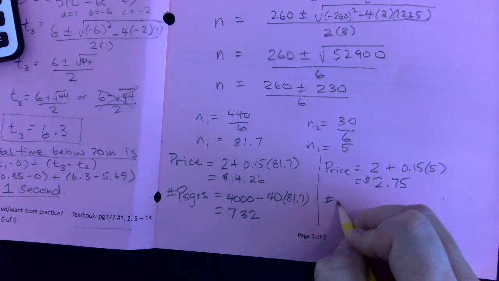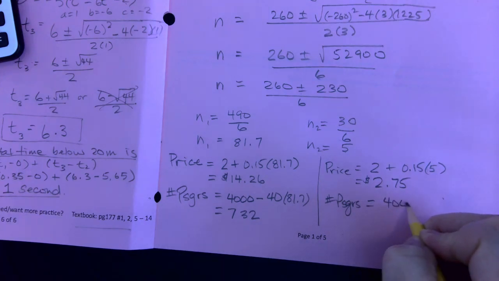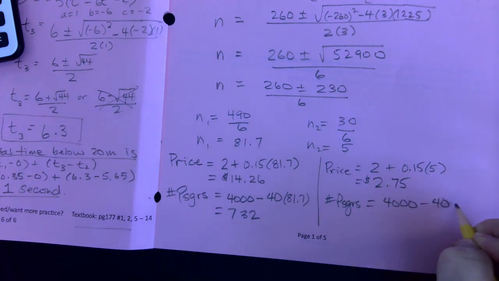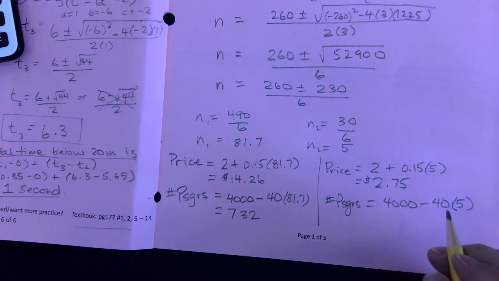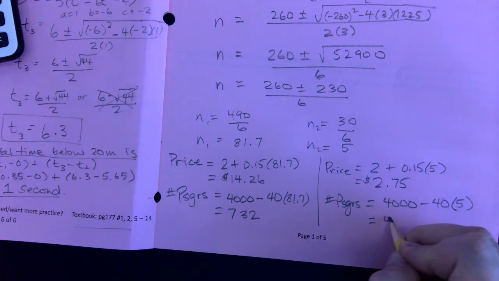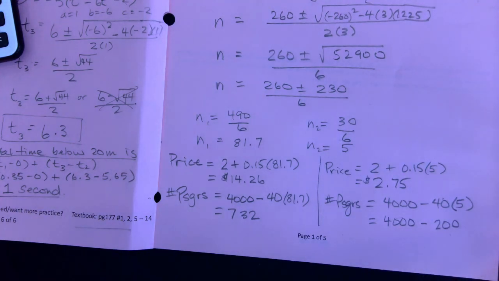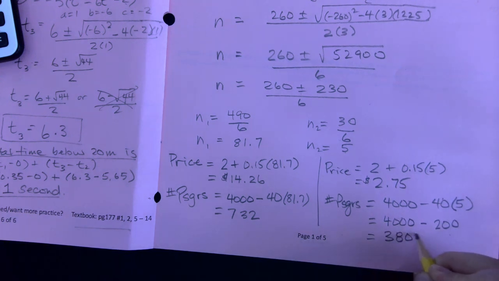Number of passengers then, 4,000 minus 40N, but now we know N is 5. 4,000 minus 200, 3,800.